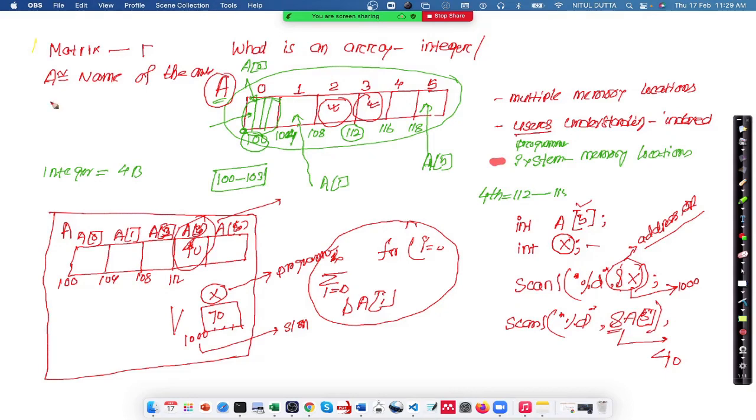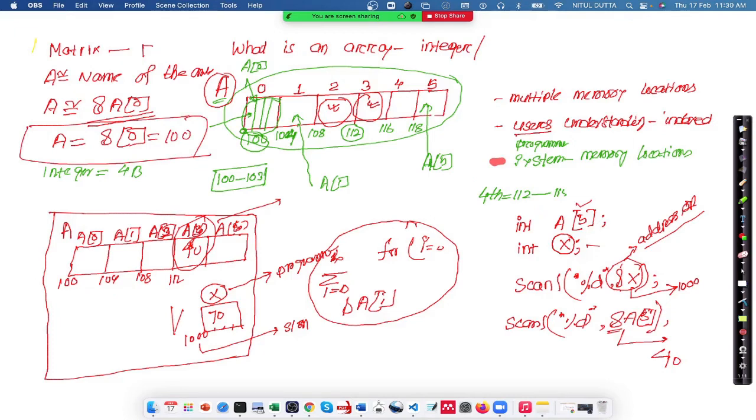And A itself is equivalent to the ampersand of A[0]. When we talk about the address of the array, it actually means the address of the first byte of the array. So in this case, A is equal to &A[0], which is equal to 100. This is a very, very important thing to be remembered.